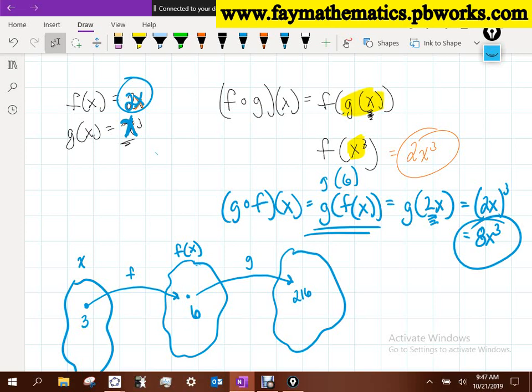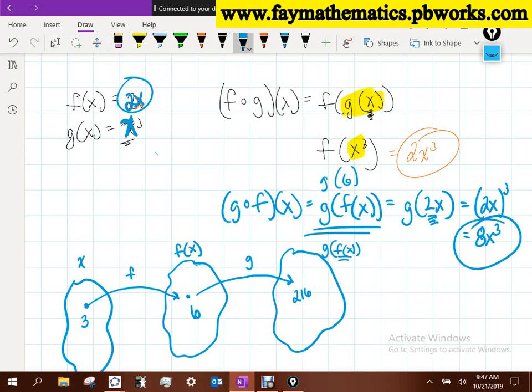Yeah, okay. And that's my final output. That there is then G of F of X, or it's my initial output of 6 evaluated as an input value inside of G. Does that make sense, everybody?